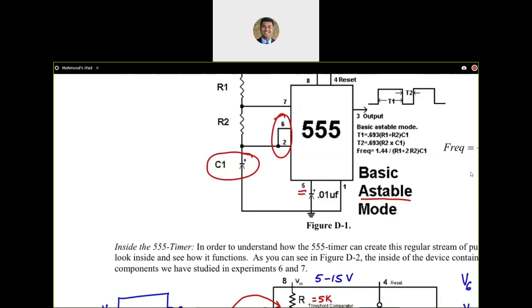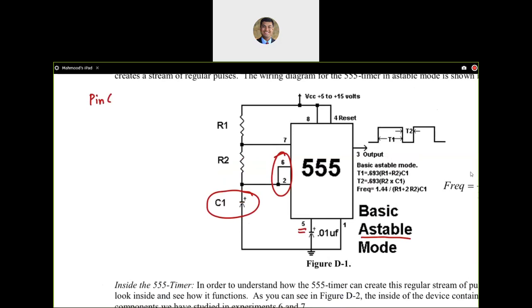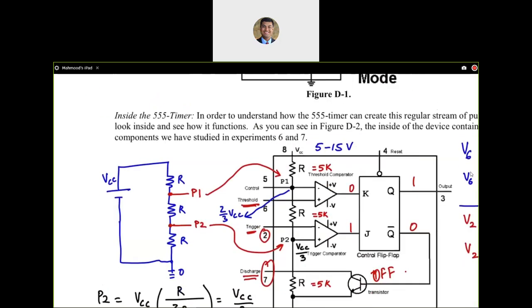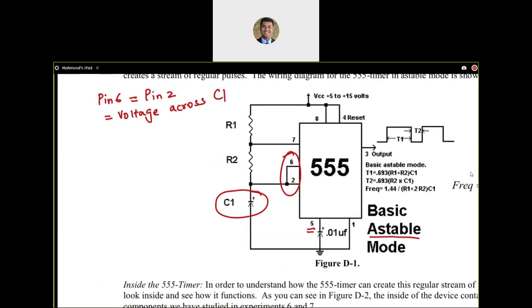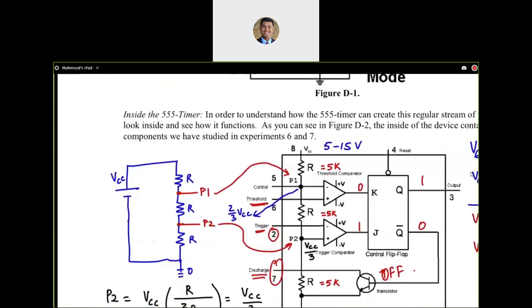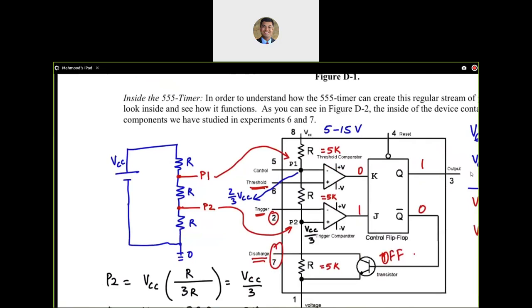So I can say voltage at pin 6 equals voltage at pin 2, which equals voltage across the capacitor C1. So whatever voltage you have that is input to the threshold comparator as well as the trigger comparator, the input that is changing with respect to time is the voltage across the capacitor C1. The other input to those comparators, as we have established, is fixed, 2/3 VCC and 1/3 VCC.